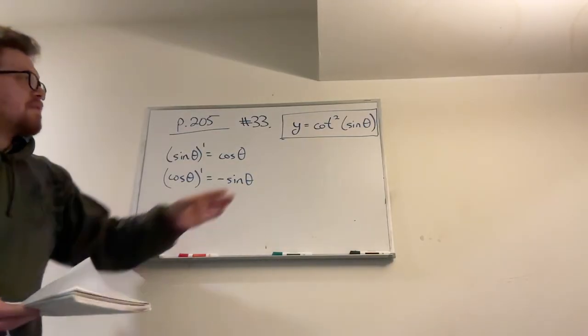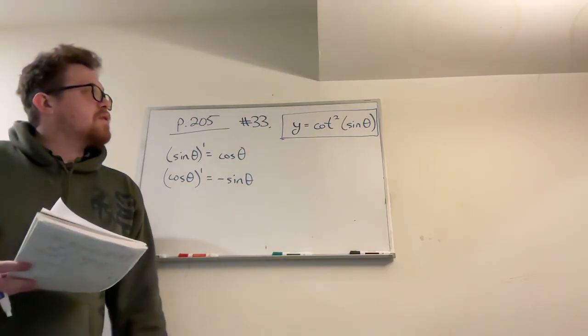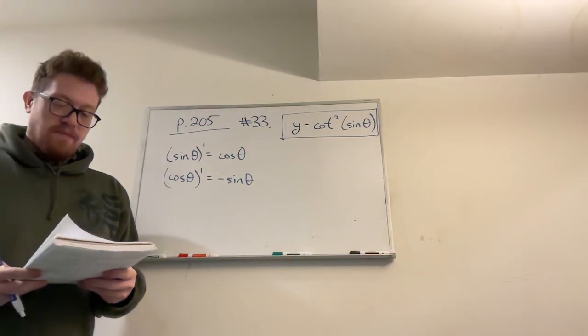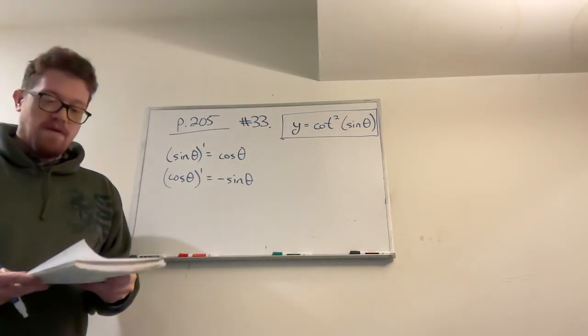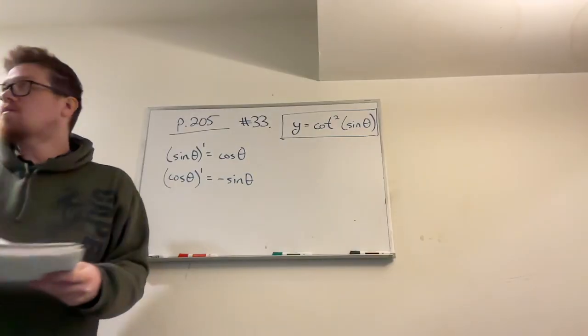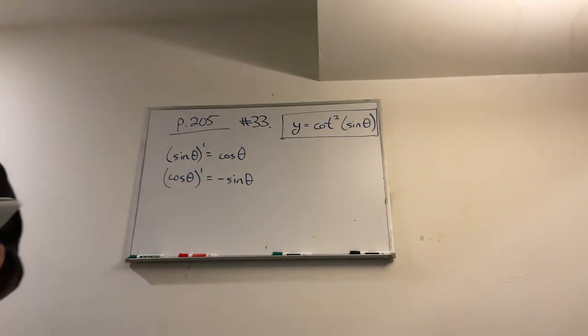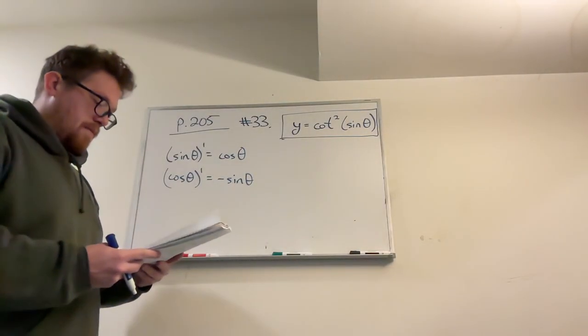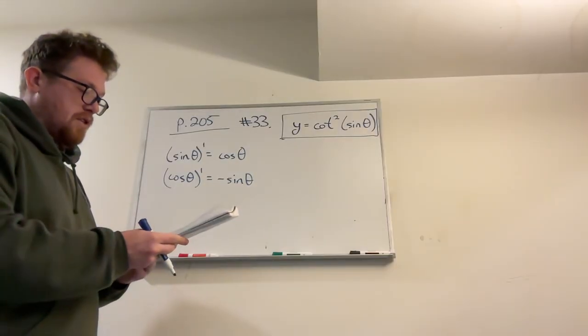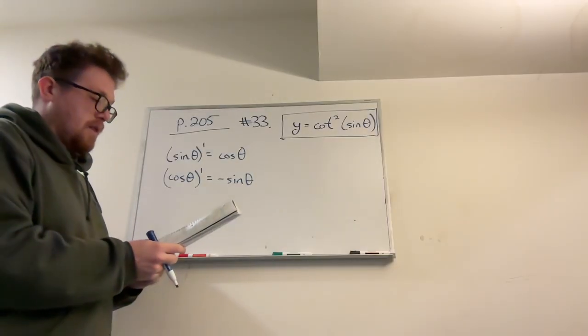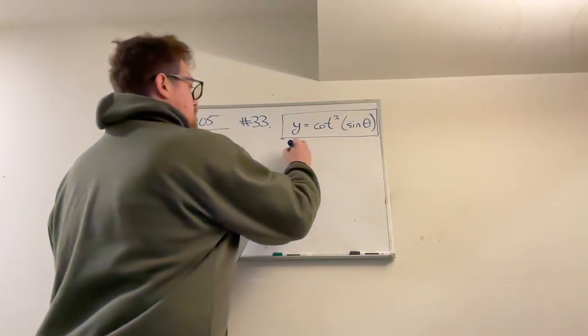But yeah, so we have our function here, y equals cotangent squared of sine of theta, and we want to solve this derivative. Right, and then so with cotangent squared, let's first find the derivative of this.